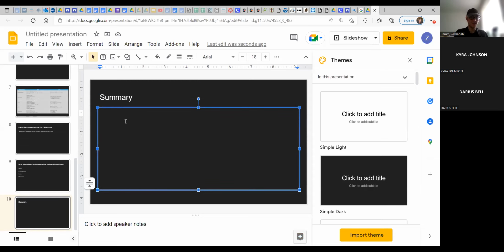So one sentence about non-renewable energy sources. Biomass.